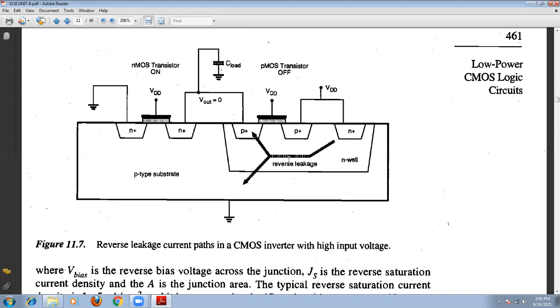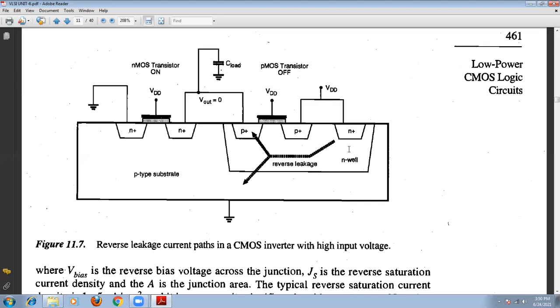So totally, leakage current flows in this direction. The N-well of the PMOS transistor is also reverse biased with VDD with respect to the P-type substrate. Therefore, some leakage current exists because of the N-well region also.